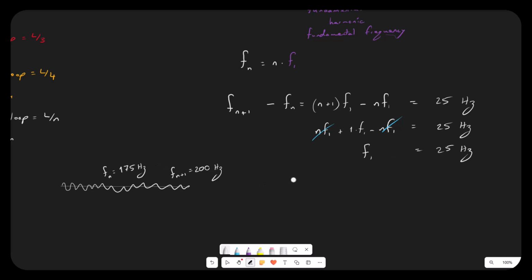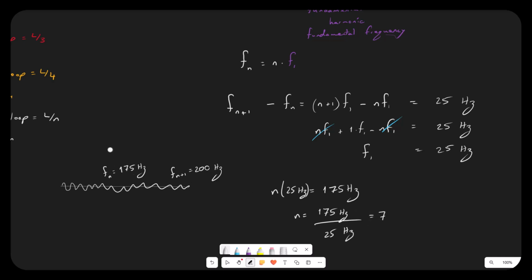I can also use this to figure out which frequencies these are. So n times f1 equals 175 hertz. And I just found that f1 was 25 hertz. Which means n is 175 hertz over 25 hertz, which equals 7.